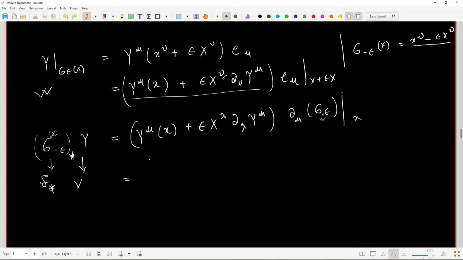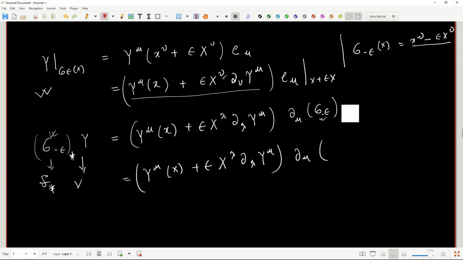So what we have right now is y mu of x epsilon capital X of lambda partial derivative y mu, then partial derivative of, oh yes, I missed the basis vector.